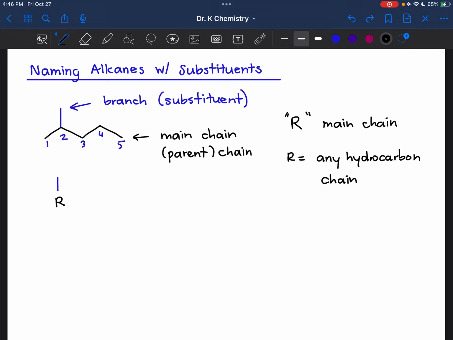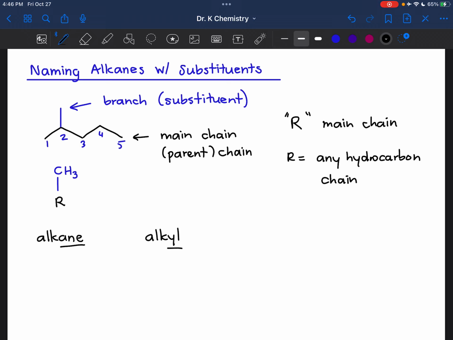Whenever an alkane chain is connected to something else, like this little group up here, because there's only one corner here representing one carbon, so really this is a CH3 group, we are going to call that an alkyl group. Alkane is telling us a bunch of carbons connected by single bonds.